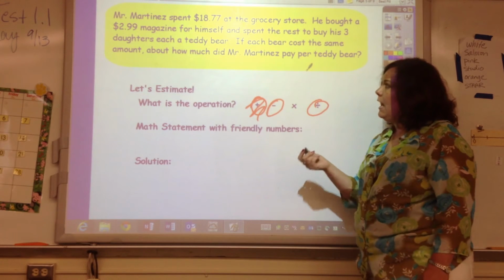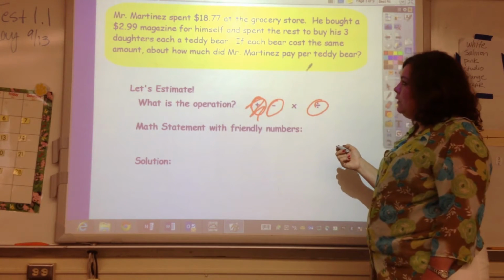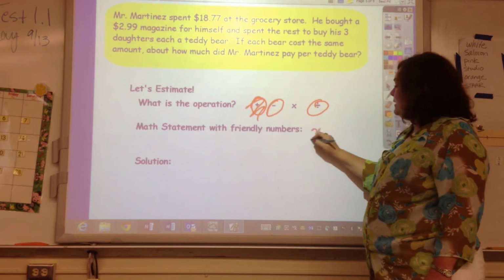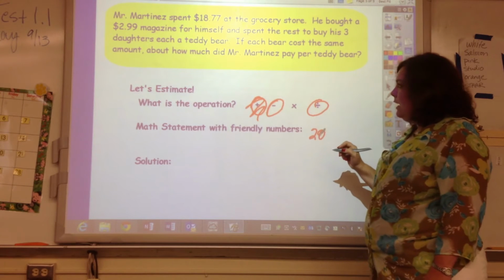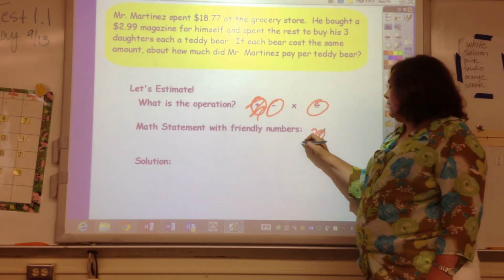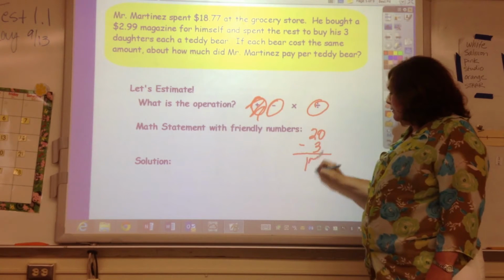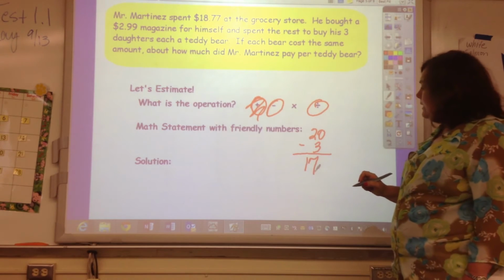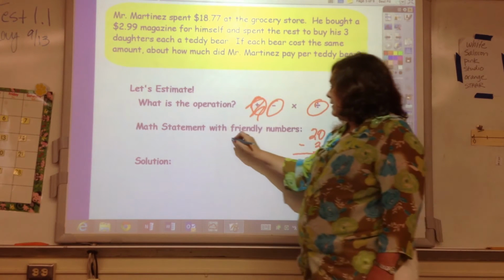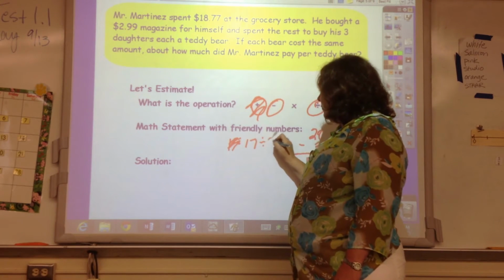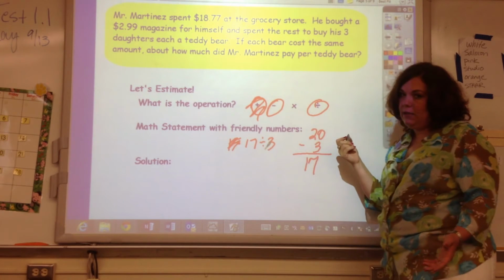So let's look at how we would do it with friendly numbers. So I'm like 18.77, I could say $20 for that. And $2.99, I could say 3 for that. So 20 minus 3 is 17. Well, now I'm going to say 17 divided by 3. Well, that doesn't go in evenly.